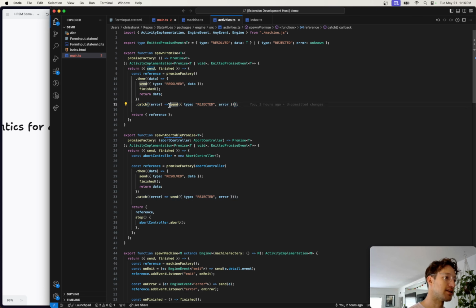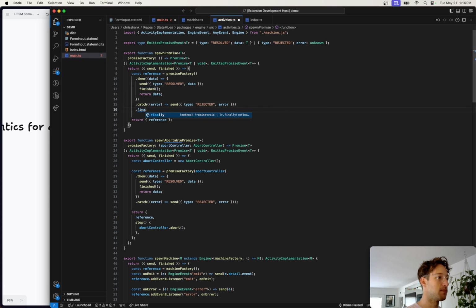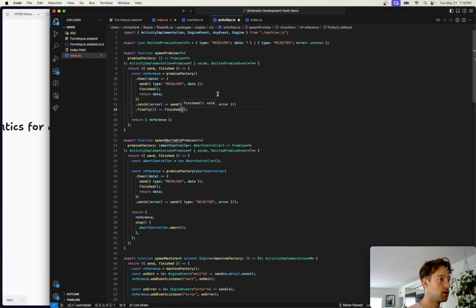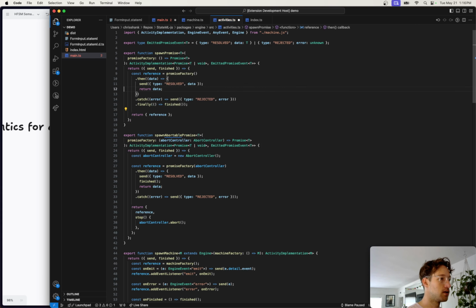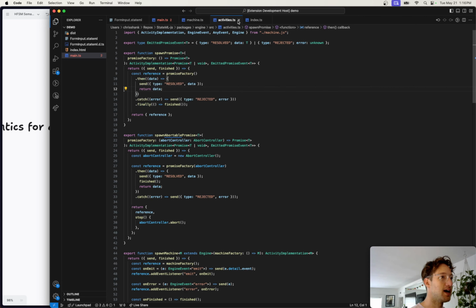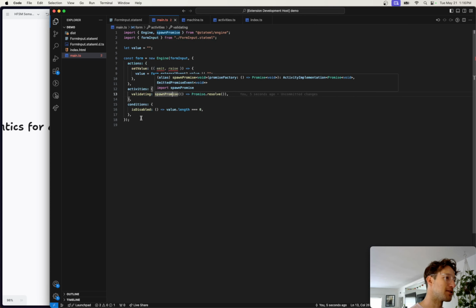I guess in this case, we could also omit the finished event as well, or maybe this would be a better way. Really, maybe finally we call finished, and we get rid of it here. So that's sort of how you can implement declarative wrappers upon this.